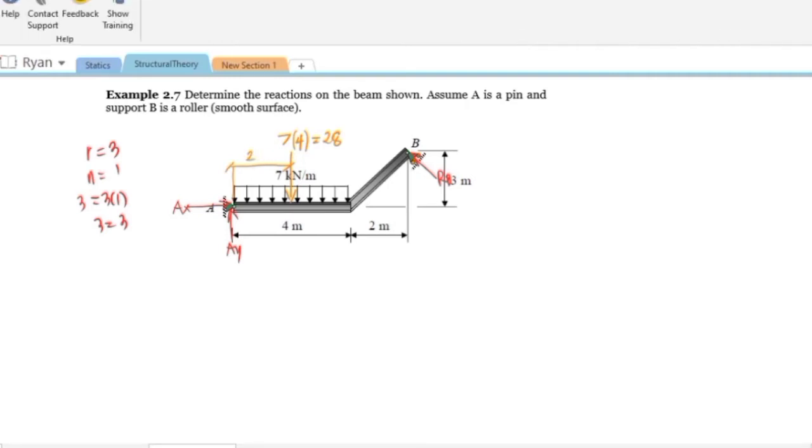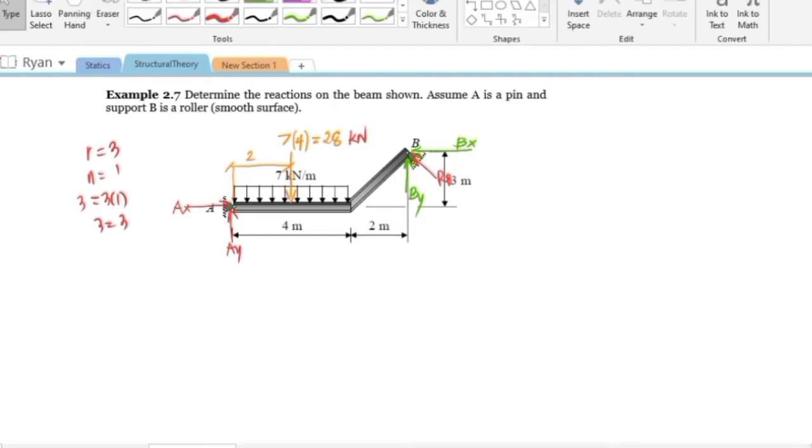Kung babalikan natin sa reaction at B, so we have here two components, the BY and the BX. Kung titingnan natin dito, if we are going to summate forces vertical, wala tayong masosolve kasi dalawa yung unknown natin, that is the AY and the BY.